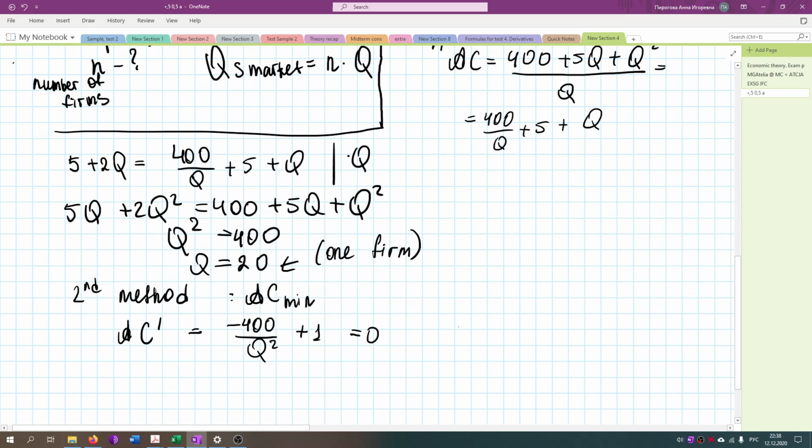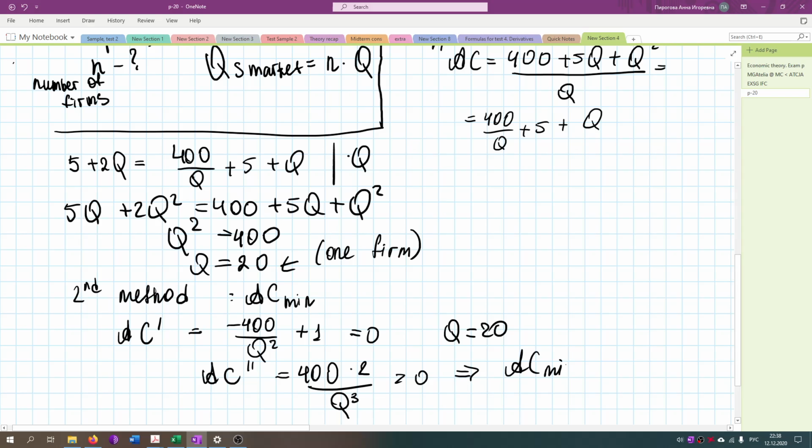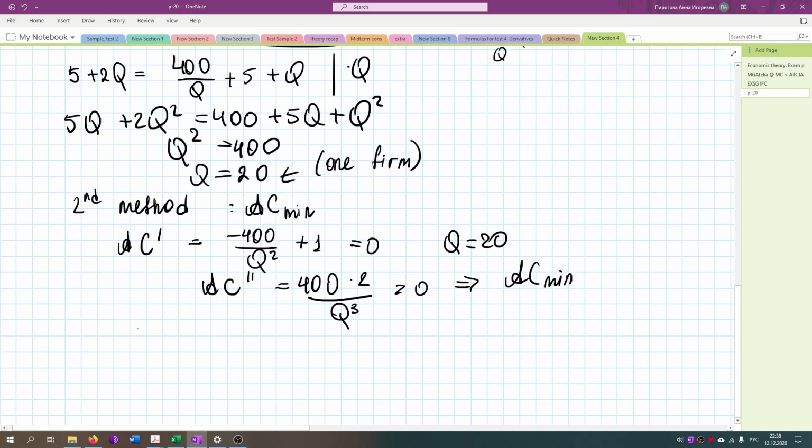Then we equalize it to 0, and the quantity is equal to 20. And we check whether the second derivative is positive. So it is the second derivative from AC, and it is positive, so this means that we found AC minimum. So we received the same quantity just by other method.